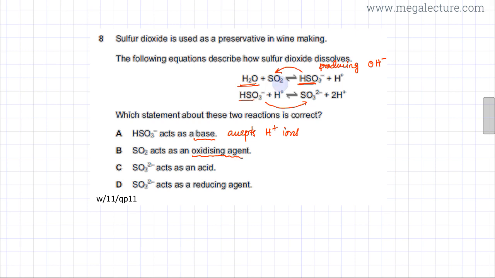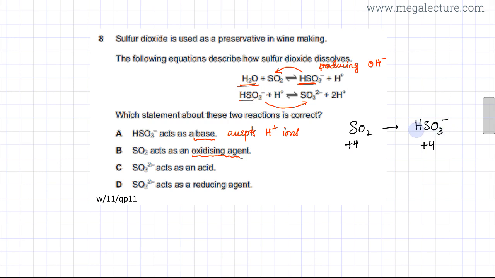Now, if I look at SO2 in the first equation, you will notice SO2 gets converted into HSO3 minus ion. So the conversion is SO2 gets converted to HSO3 minus in the first reaction. Now, for it to act as an oxidizing agent, it must get reduced. The oxidation state of sulfur over here is +4 because oxygen is -2, and over here sulfur is again +4 because oxygen is -6.